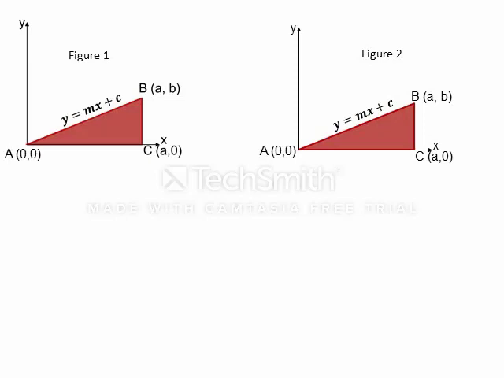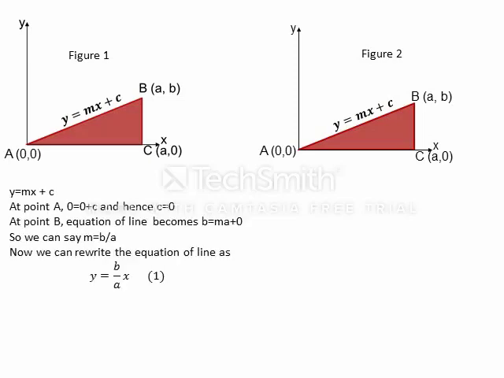The next step involved in the direct integration method is to identify or calculate the constants in the equation. For that, we can use the given boundary conditions of the plane lamina. Since the line AB passes through the origin, the value of y-intercept is 0, that is c is equal to 0.